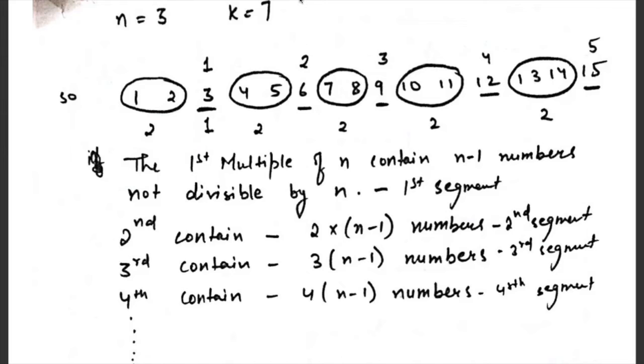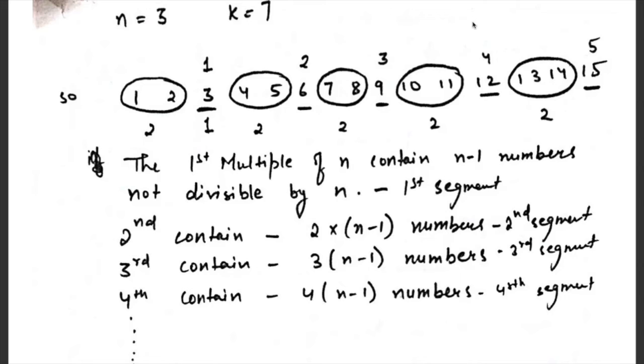So you have observed that to find how many shifts have occurred, you have to find in which segment our kth number falls, whether the first, second, third or fourth segment. Once you have found the segment containing the kth number, the answer will be k plus the segment minus 1. It will simply be our answer.